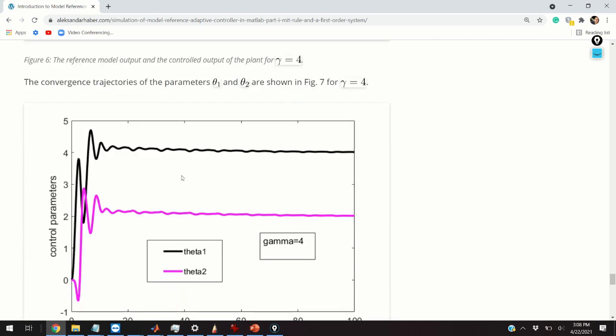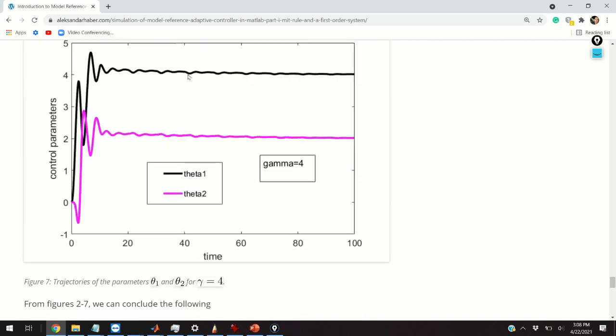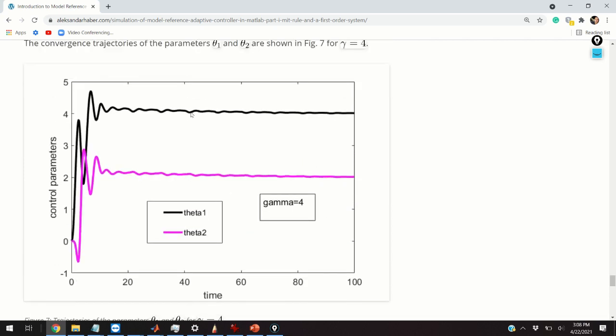And you can see the parameter convergence. Theta 1 converges after, for example, 40 seconds to almost 4, which is the optimal value of theta 1, and theta 2 also converges after 40 seconds to the value of 2, which is an optimal value of the control parameters.